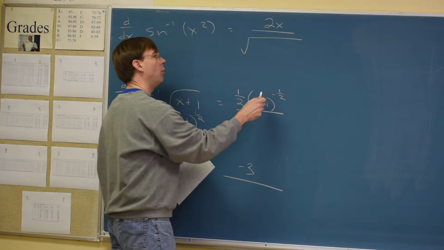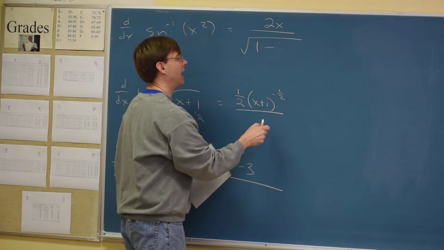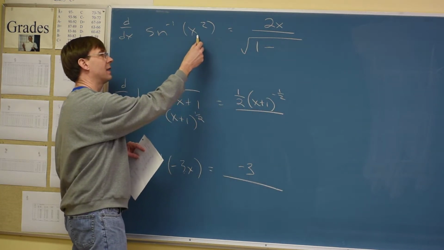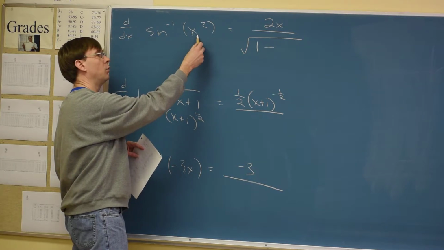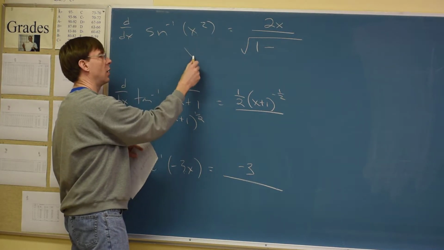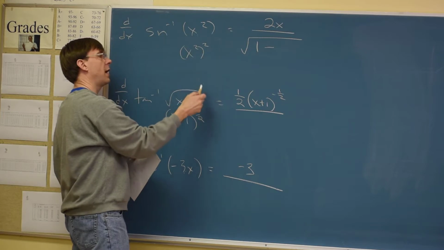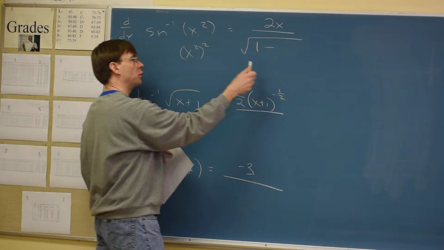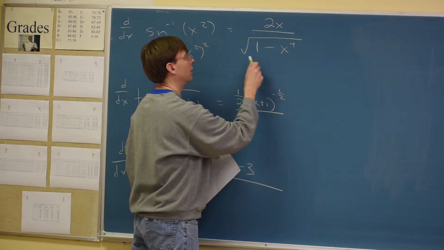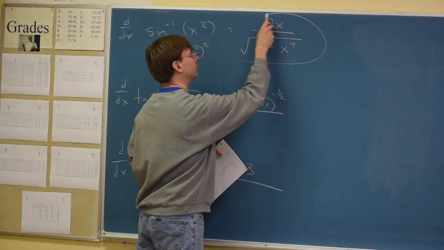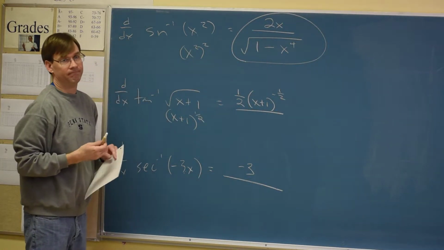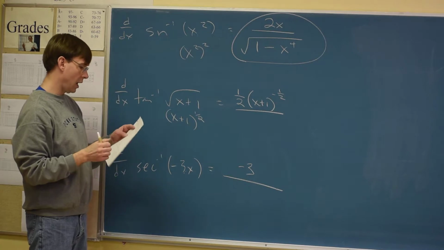Every sine problem would have a root with 1 minus, and you look back to this thing that we're calling u, and we just square that. So if we think about x squared squared, powers to powers, we multiply the powers, and we would get that. That's how the sine problems would go.